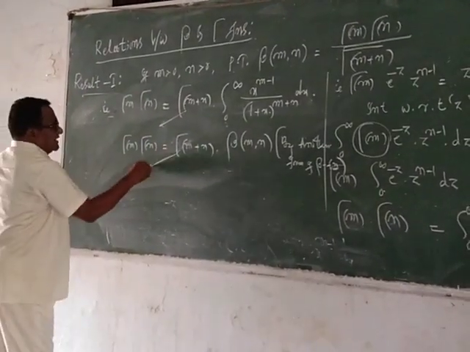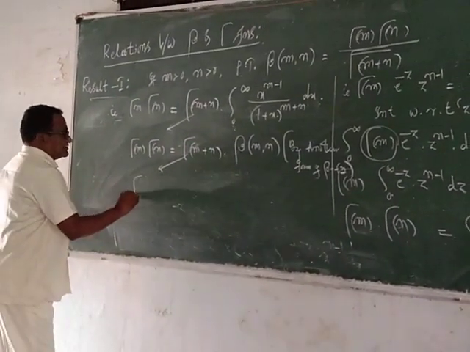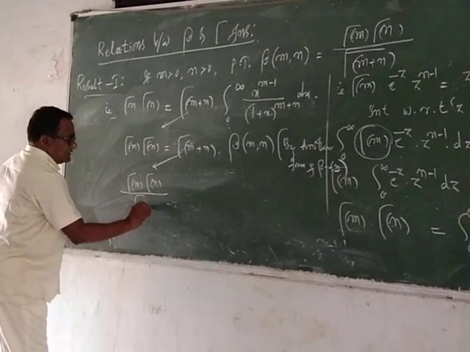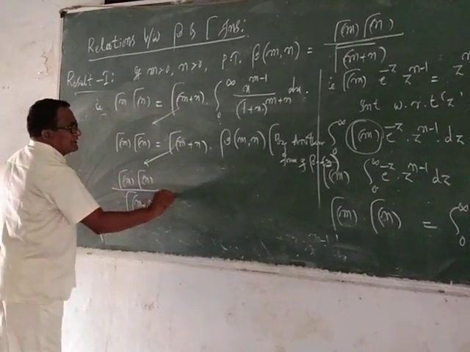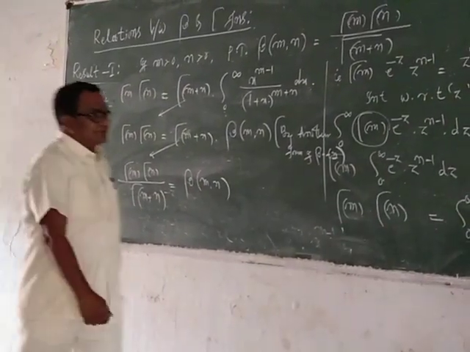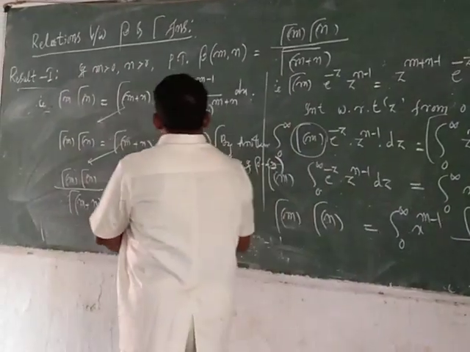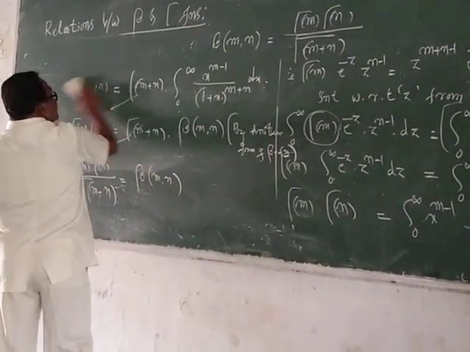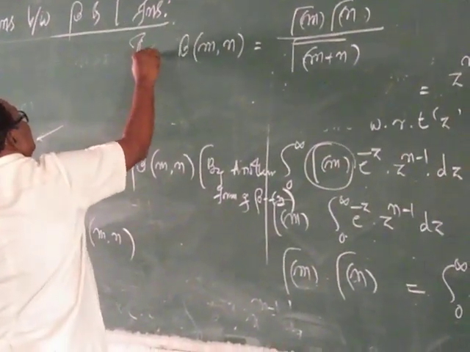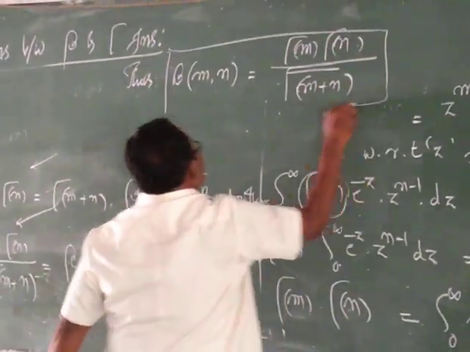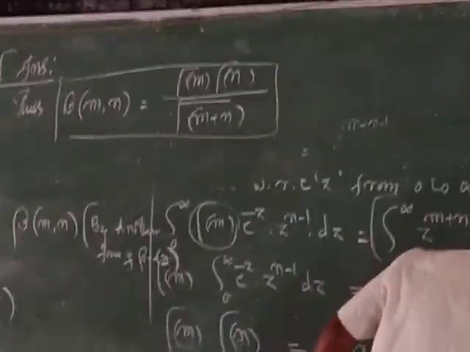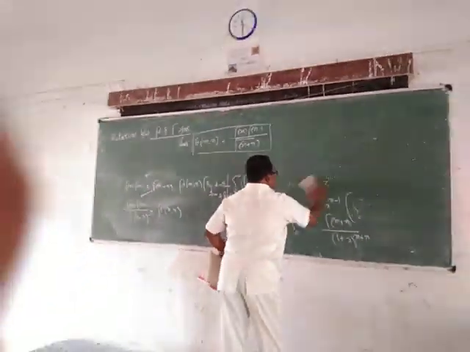Now you transfer this to the left-hand side on cross multiplication. It is gamma m into gamma n divided by gamma m plus n is equal to beta m, n. Thus, you can have this relation: beta m, n is equal to gamma m into gamma n divided by gamma m plus n, an important result.